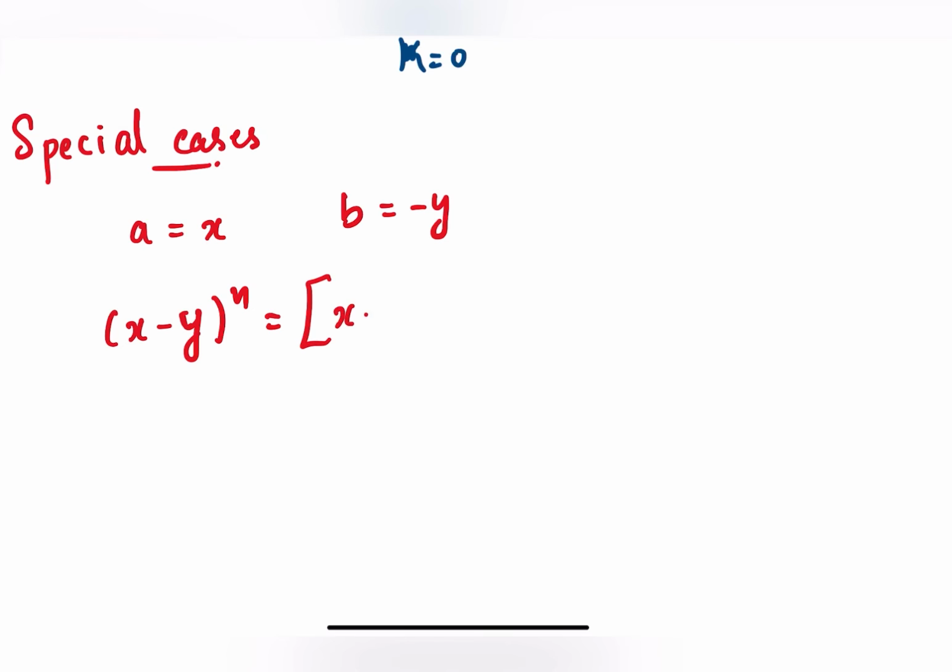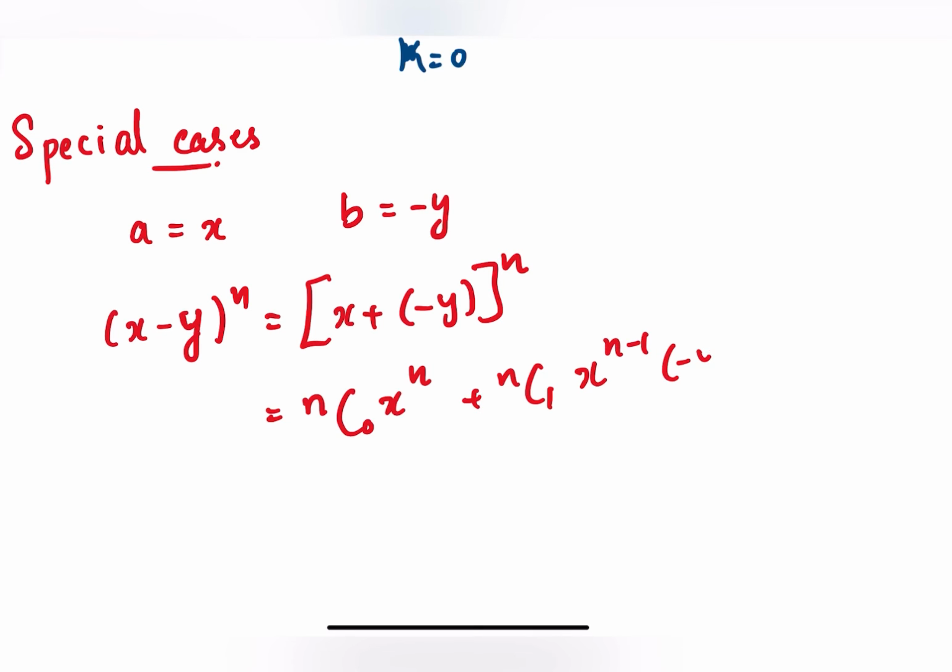It will be (x + (-y))^n. So our expansion will be nC0 x^n + nC1 x^(n-1)(-y) + nC2 x^(n-2)(-y)^2, and it goes on till nCn (-y)^n.